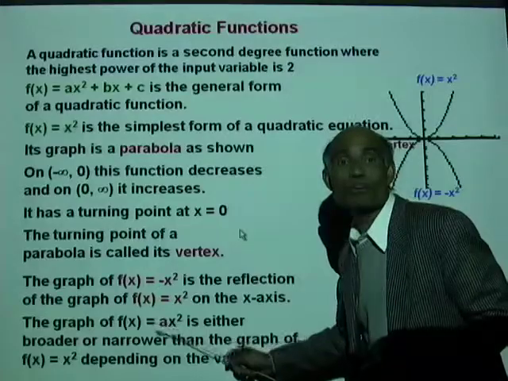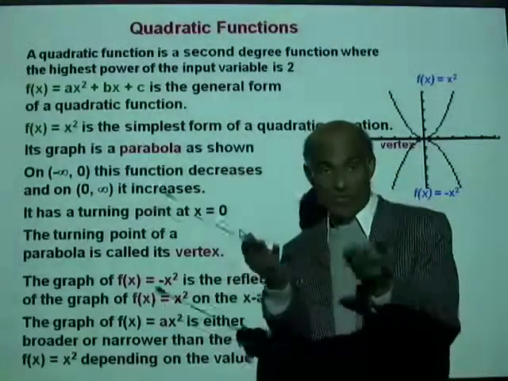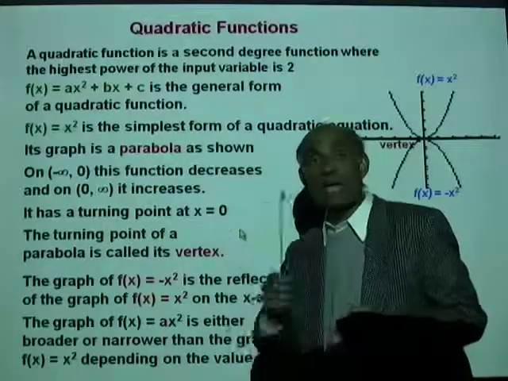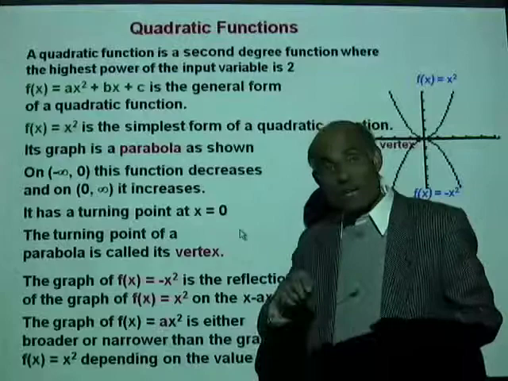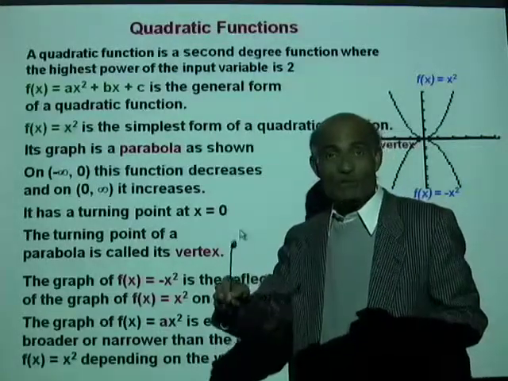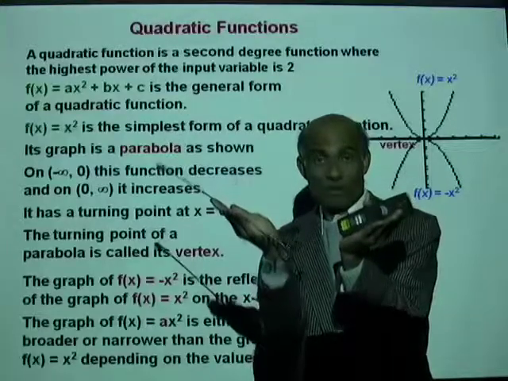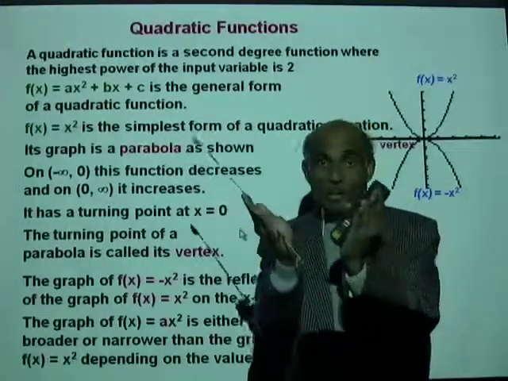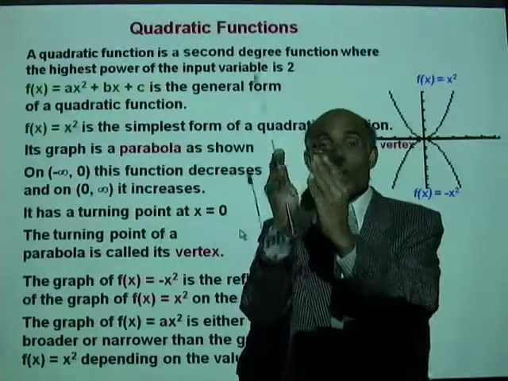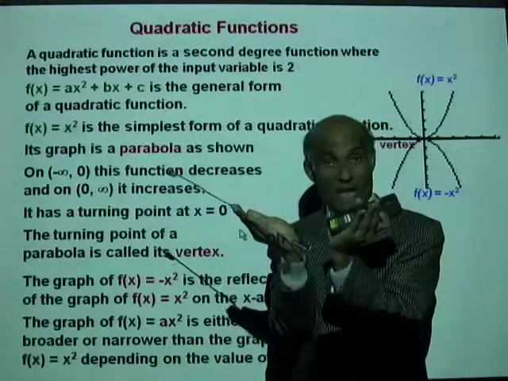And the graph of f of x equal to ax squared. What is the role of this a? The a actually has several roles. Positive a makes the parabola open up. Negative a makes it open down. A large value of a will make the parabola narrow, and a small value of a will make it flat.